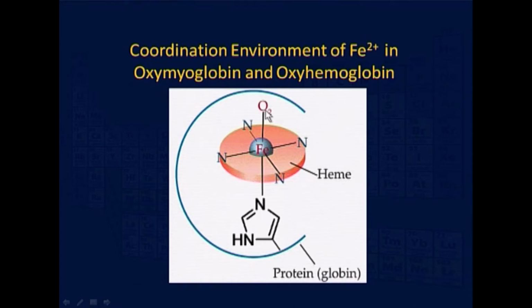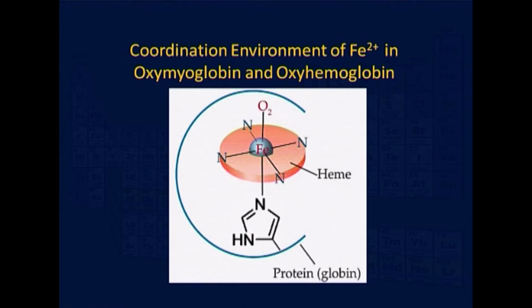When oxygen is attached, it is called oxyhemoglobin, and when this oxyhemoglobin delivers the oxygen to the cells and tissues, it is replaced by carbon dioxide, and during exhalation we can exhale the carbon dioxide. Therefore, there is a two-way function of hemoglobin: it delivers the oxygen and carbon dioxide comes out of the body.